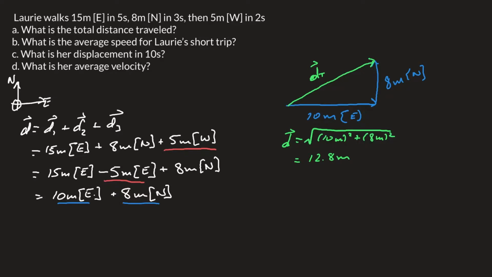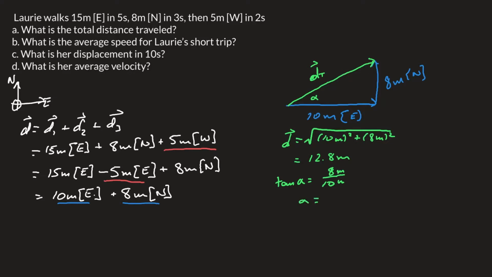I still need the angle. So I'm going to call this angle alpha. And I can use my tan ratio, which tells me that tan alpha is equal to opposite over adjacent, which is 8 over 10. And that's meters. So those meters are going to cancel out.